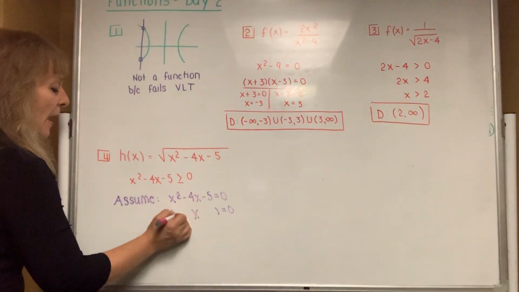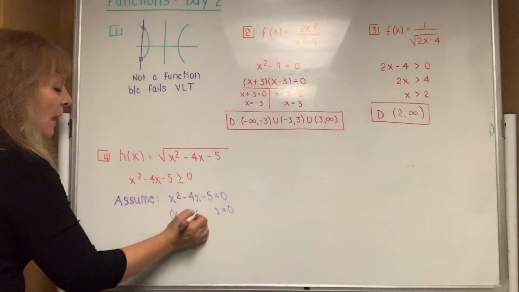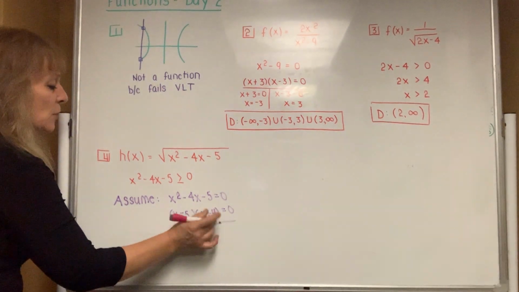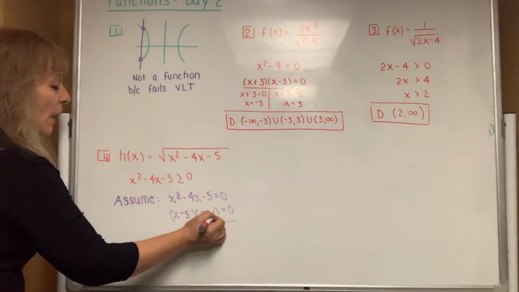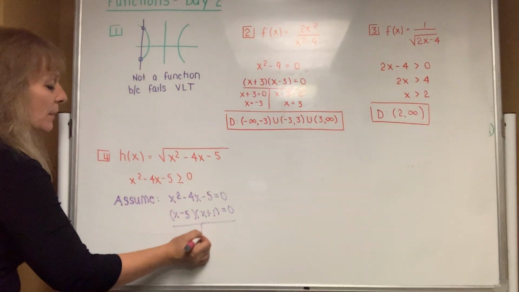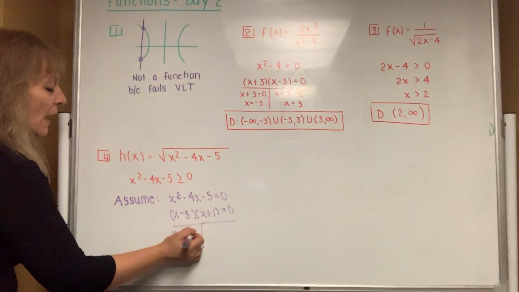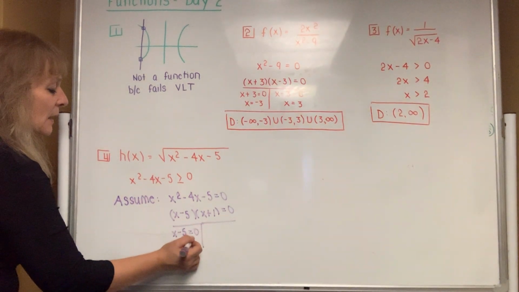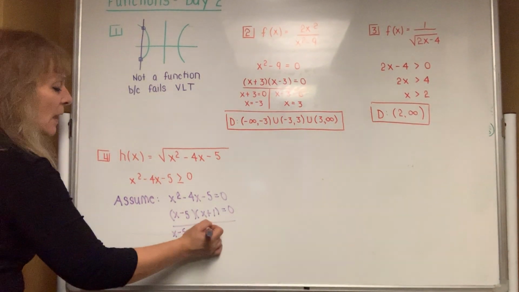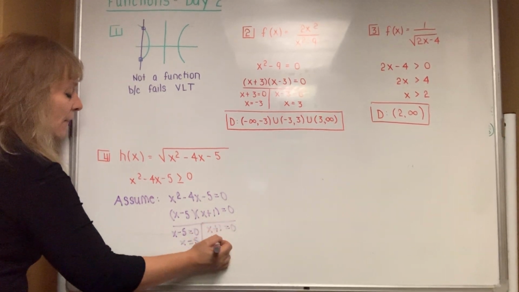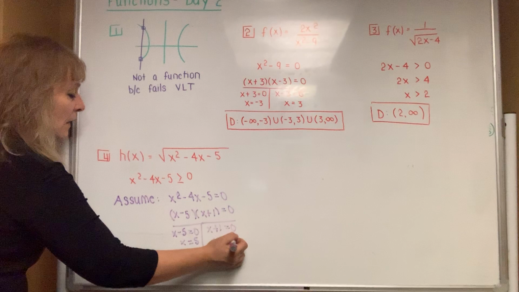The factors are x minus 5 and x plus 1. It's requiring you to make a t-chart there. The left factor, x minus 5, set equal to 0 gives you an answer of 5, and the right factor, x plus 1, set equal to 0 gives you an answer of -1.